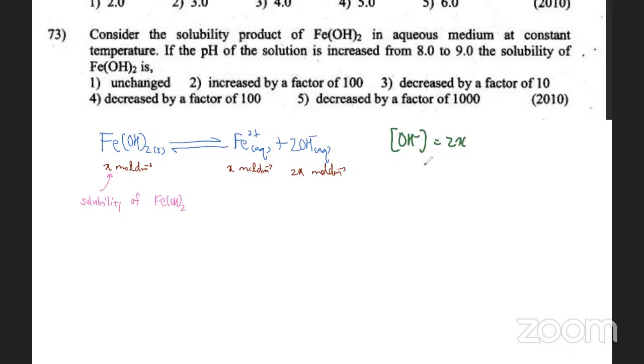Now when pH is 8, this is what's happening, people. pH of the solution is increased from 8 to 9. So initially pH equal to 8 is turning into pH equal to 9. We have to compare the two situations.